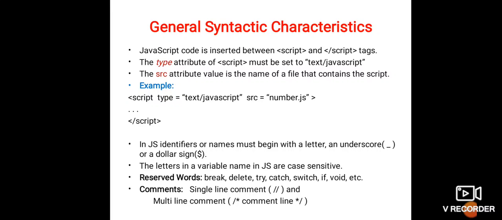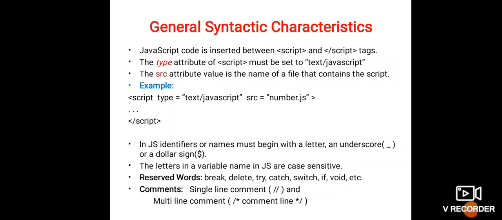JavaScript can be indirectly embedded in an HTML document using the src attribute of a script tag. The src attribute value denotes the name of a file that contains the script.